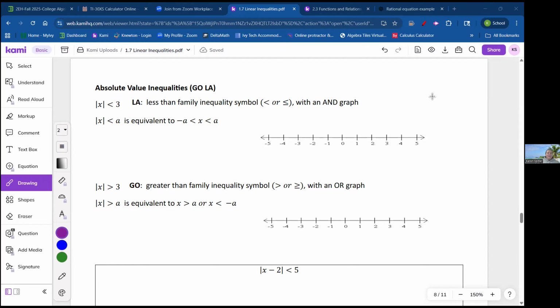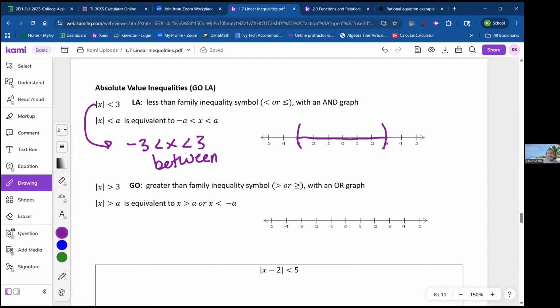So this particular graph is from -3 to +3. So between. So LAs do betweens. So right here from -3 to +3, this is what an LA graph looks like. It's a between graph.